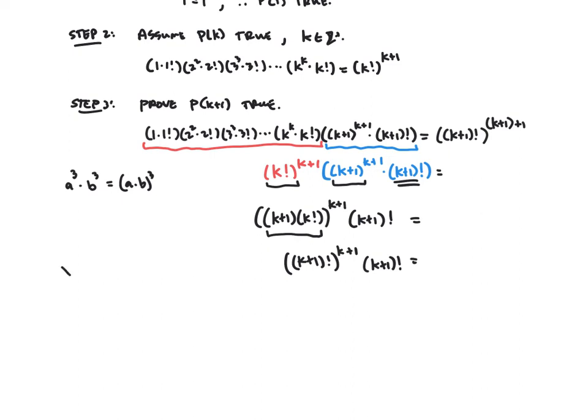If I had x to the (k+1) times x, I could write this as x to the (k+1)+1. I'd add their exponents.